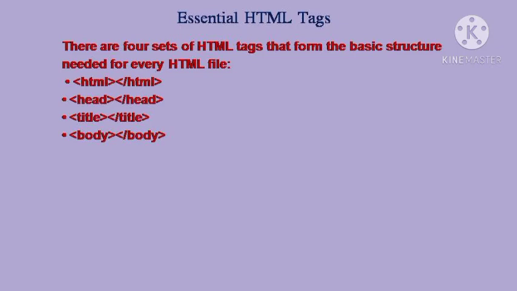Next, body, a very important tag where we are going to give all the contents. For example, if you want to give background color, images, the exact content, all the content goes in the body tag only. So these are the very must four sets of HTML tags, the basic structure of HTML.